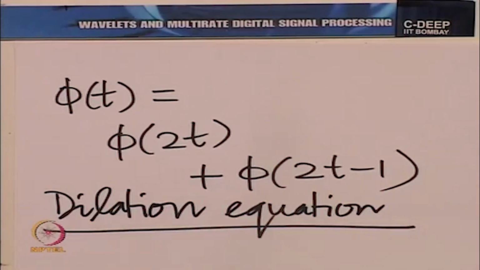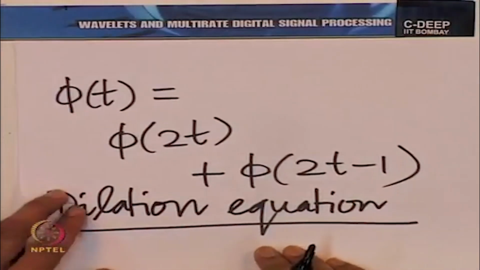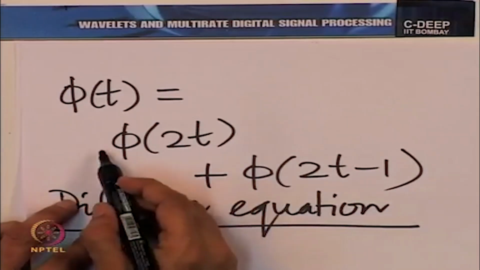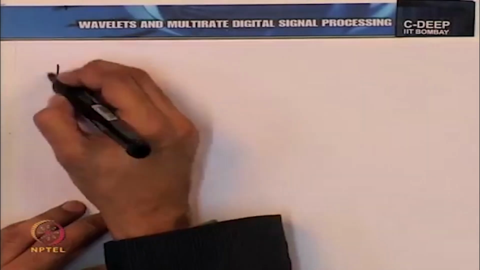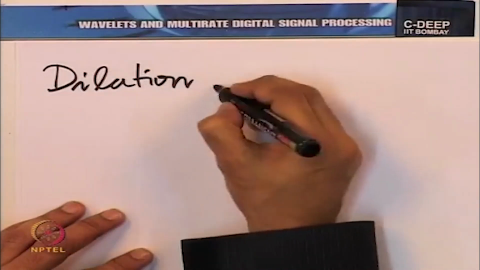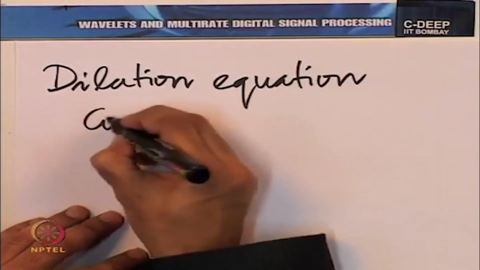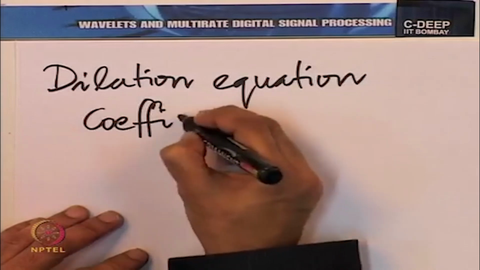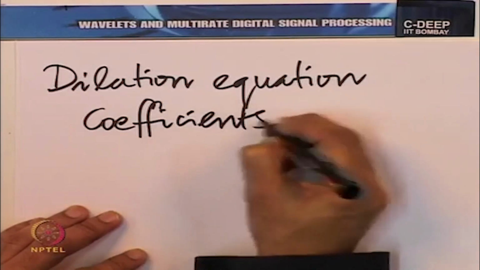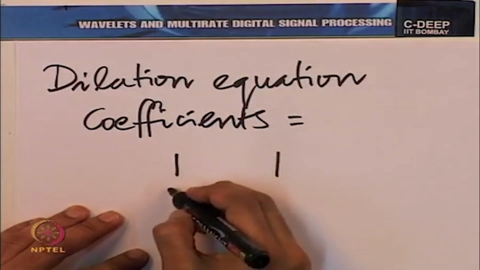Now, let us look at the coefficients in that dilation equation. So, let me put the dilation equation before you once again. The coefficients are 1 and 1. Let me call this a sequence.